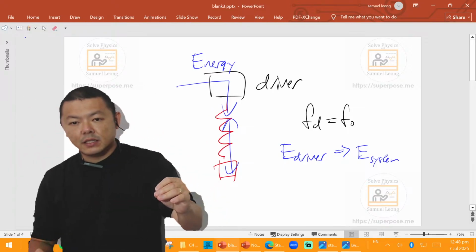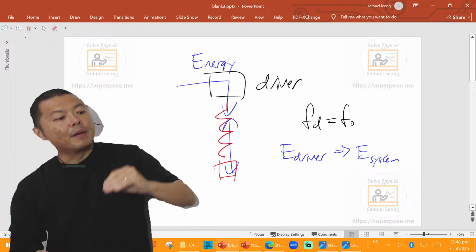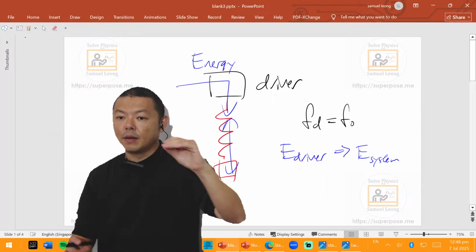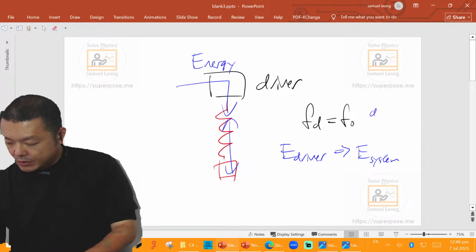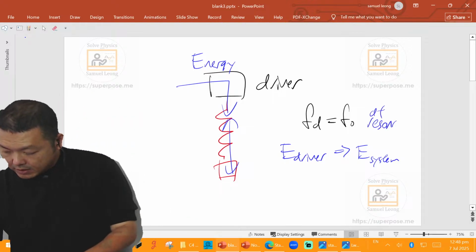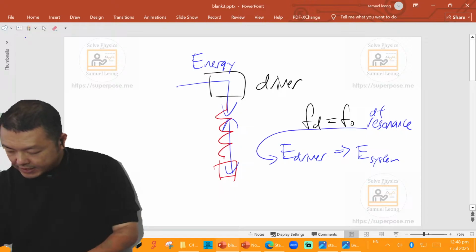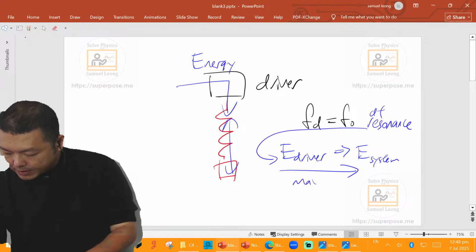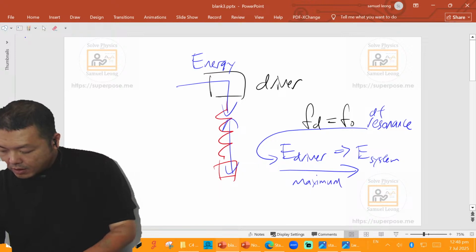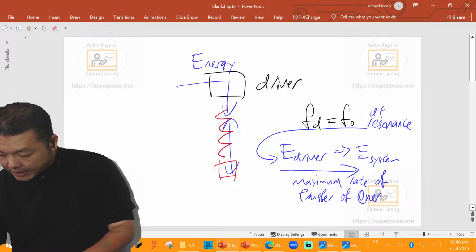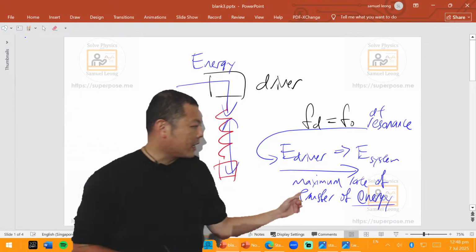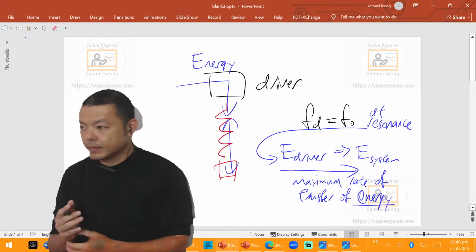At resonance, what you're getting is the maximum efficiency of transfer. So at resonance, you are getting the maximum rate of transfer of energy.